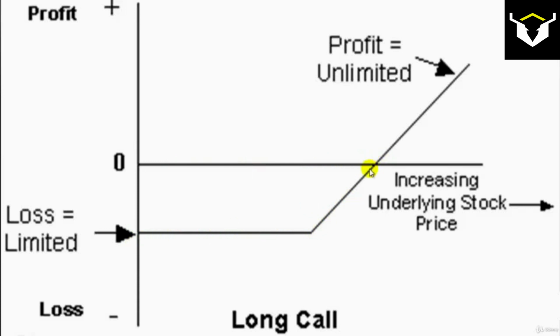And after that break-even point, if the underlying value sees any kind of increase, you will make a profit on your call option. If from this break-even point the underlying value was to fall, your call option will start making a loss, and it will make a loss only until this point.